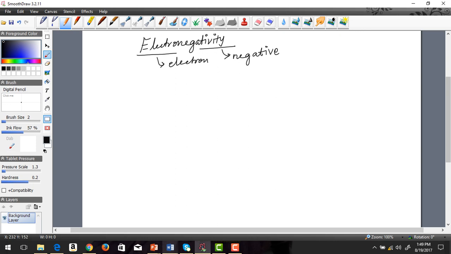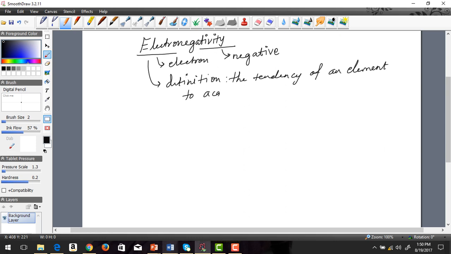The definition: the tendency of an element to acquire electrons into its valence orbital.